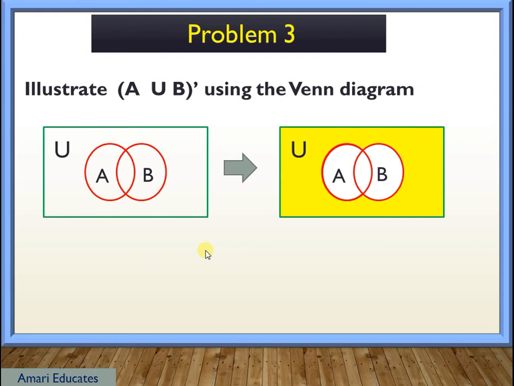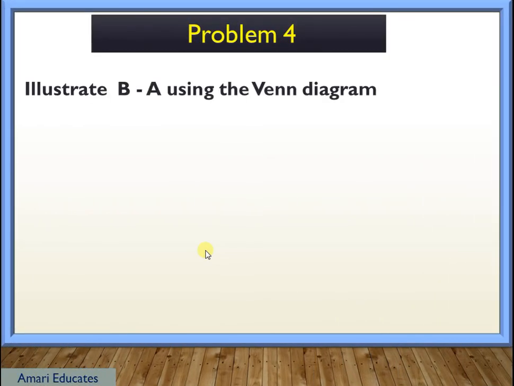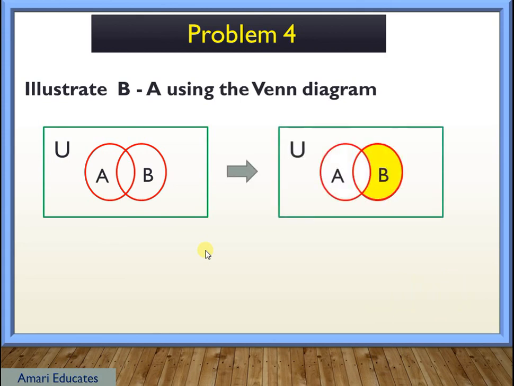Okay, now let's continue with our next one. Illustrate B minus A using the Venn diagram. Okay? Time is up. And it looks like this.